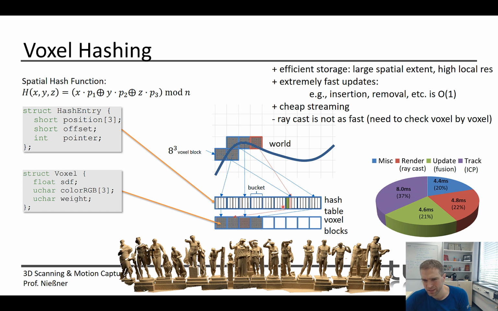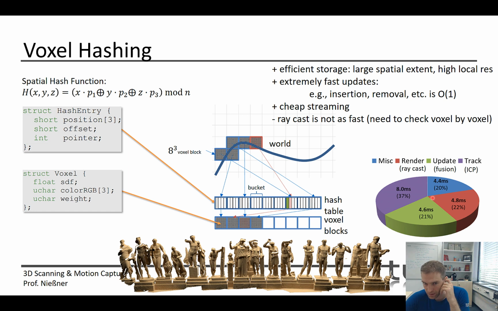There are a few tricks and details on how to get it even faster on the GPU. Rather than storing it on a per voxel basis, you store it in voxel blocks of 8 cubed, and so on. This paper was done in 2013, I think. And you see the whole thing runs in a few milliseconds, so it's super fast.